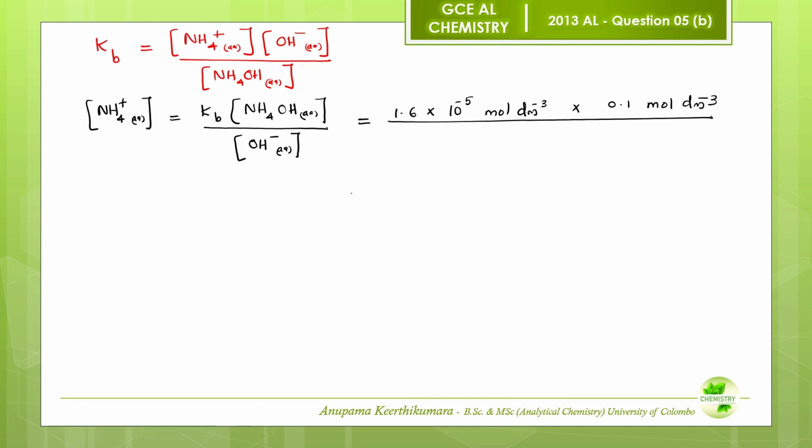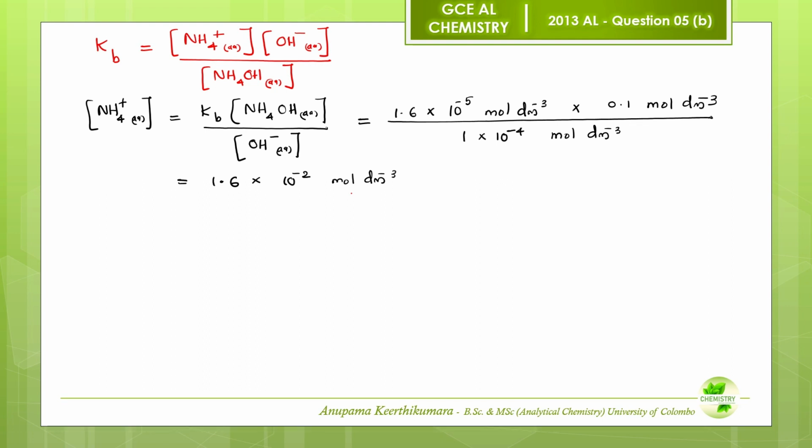OH minus ion concentration is 1 times 10 to the negative 4 moles per cubic decimeter. Ammonium ion concentration is 1.6 times 10 to the negative 2 moles per cubic decimeter.